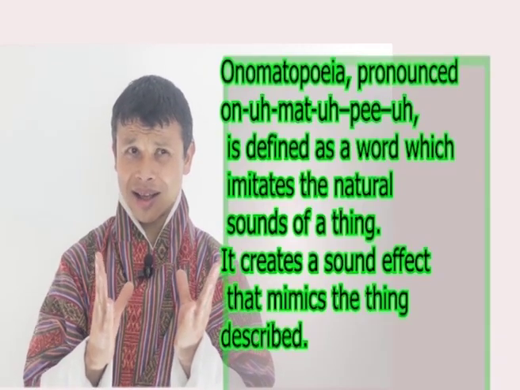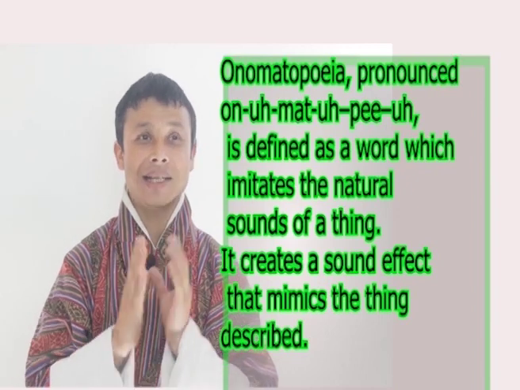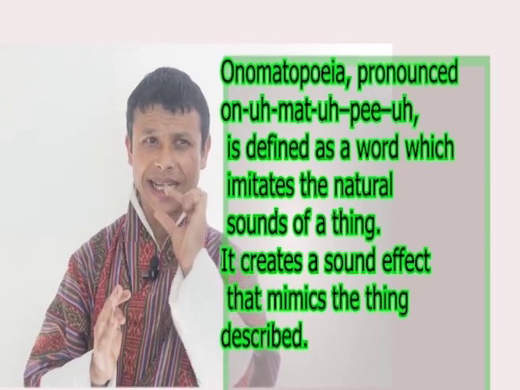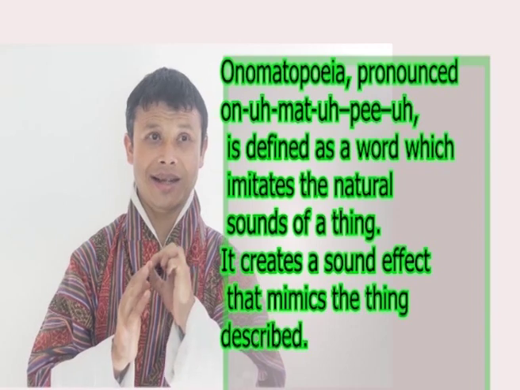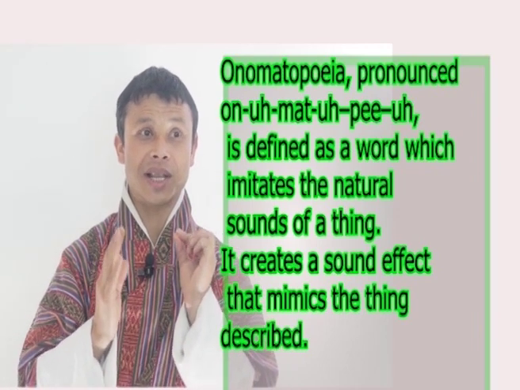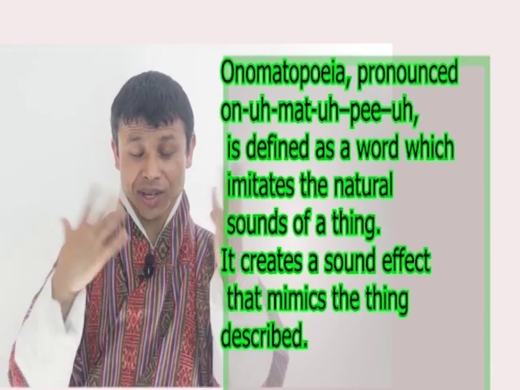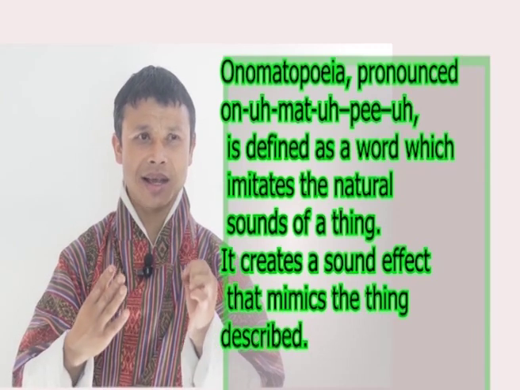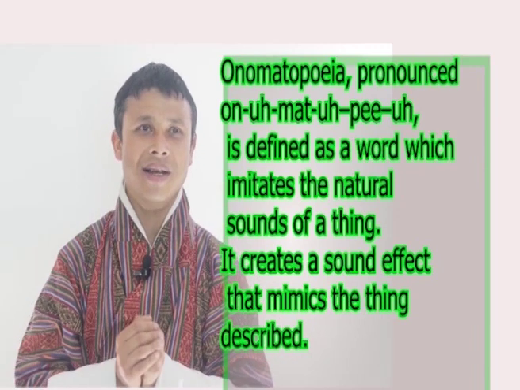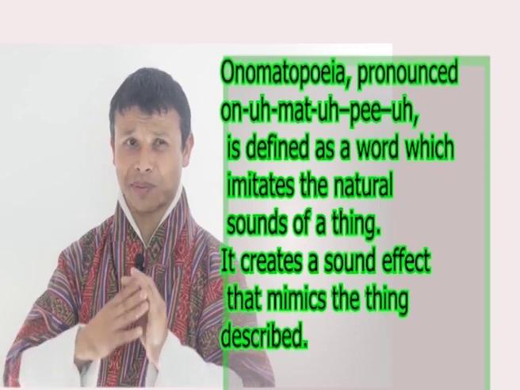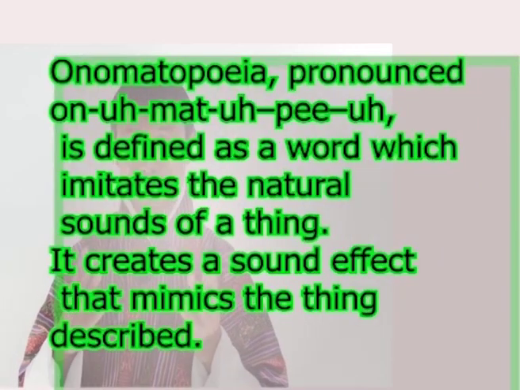Onomatopoeia is defined as a word which imitates the natural sounds of a thing. It creates a sound effect that mimics the thing described, making the description more expressive and interesting.